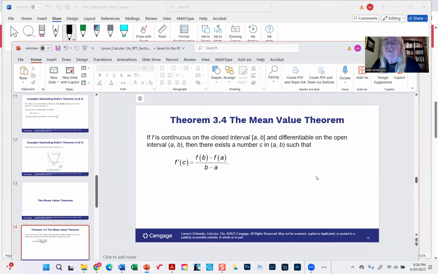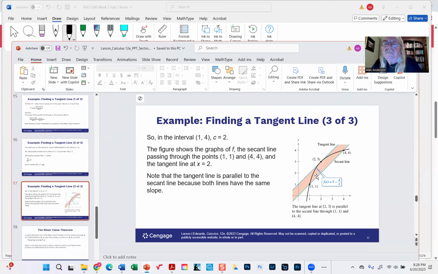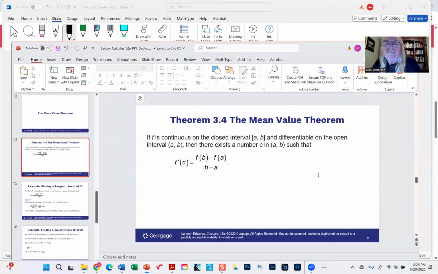Now the mean value theorem looks like this. f is continuous over the closed interval a, b, and differentiable in the open interval.